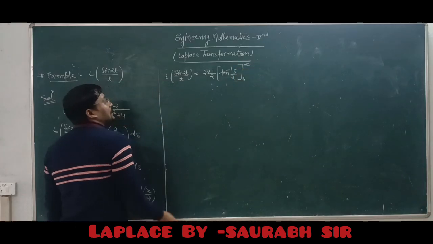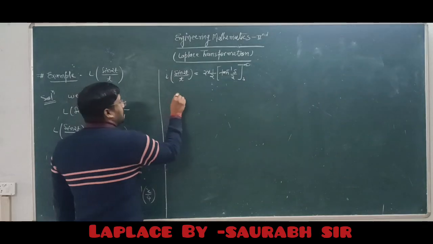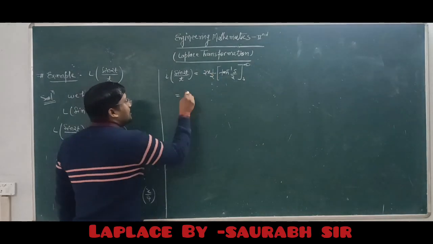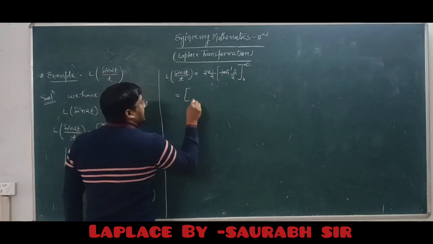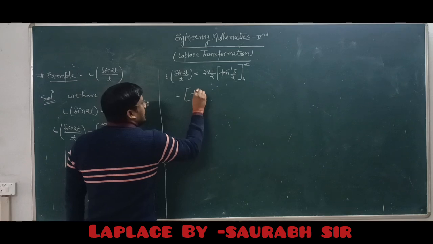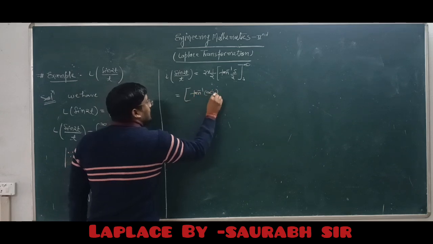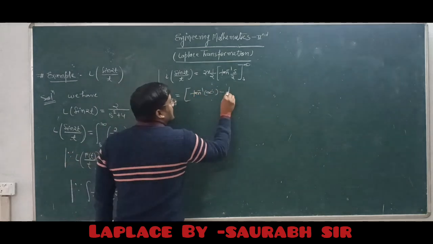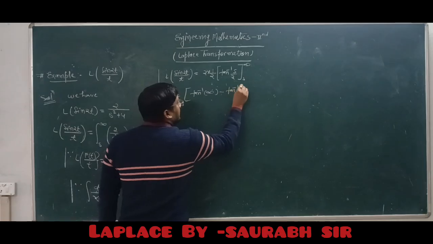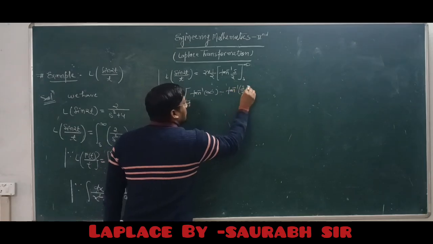Now first put the limit infinite. 2 means cancel. First put the limit infinite. Tan inverse infinite. Now putting the value of s. This means tan inverse s by 2.